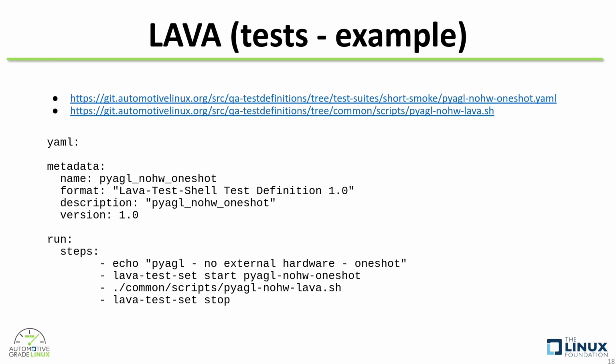There are a couple of wrappers, specially formatted echoes, specially formatted strings that are recognized by the Lava system, and those can be called with the lava-test-set wrapper, which issues the echo in the proper way, so it's recognized by Lava.